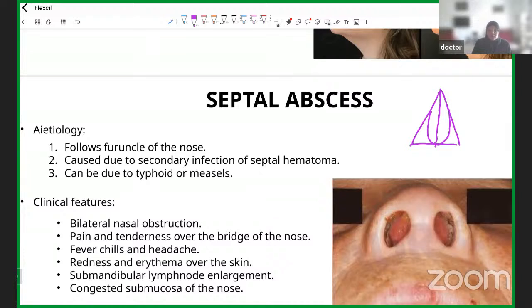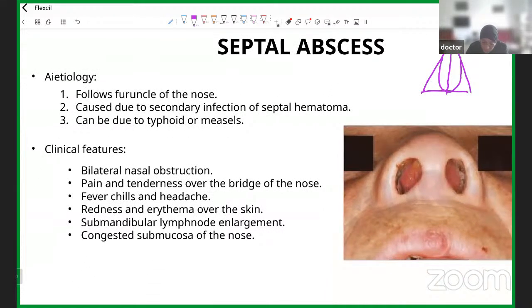Now, these patients will have severe bilateral nasal obstruction. Of course, there is an abscess in the nose, right? Then these patients will complain of fever and chills.